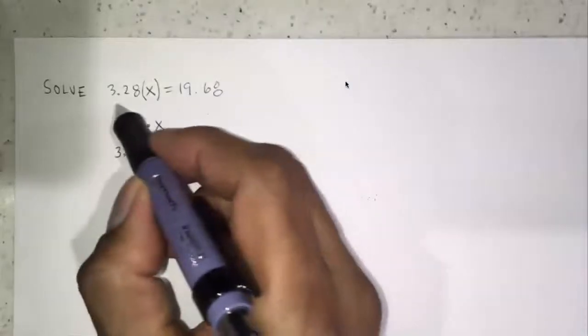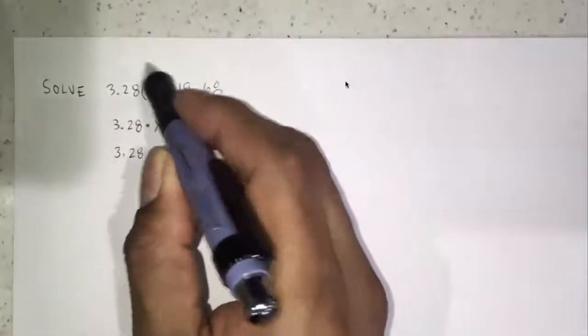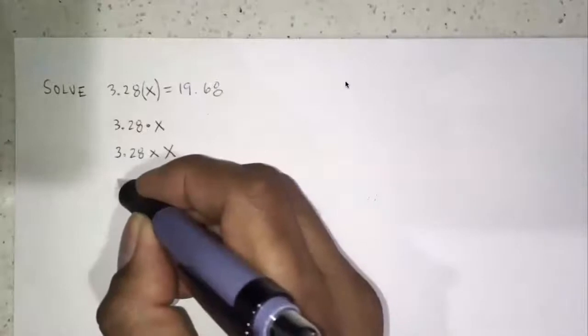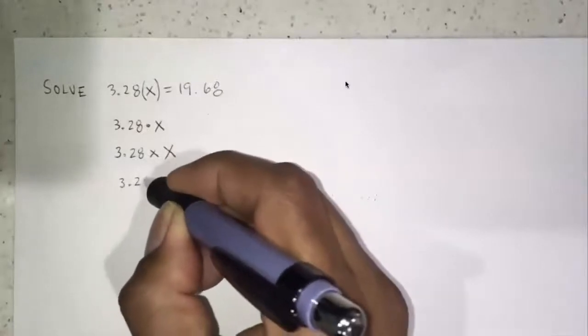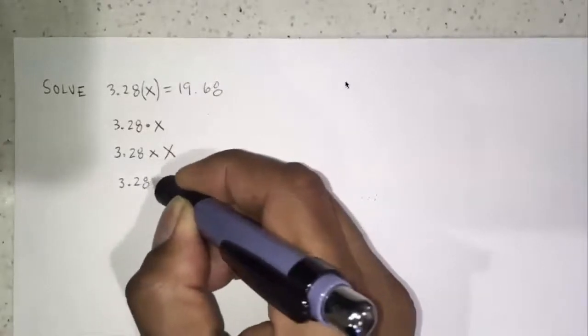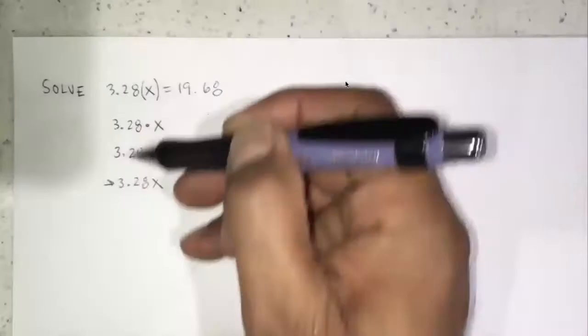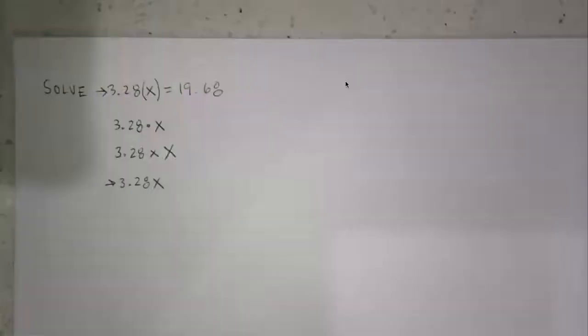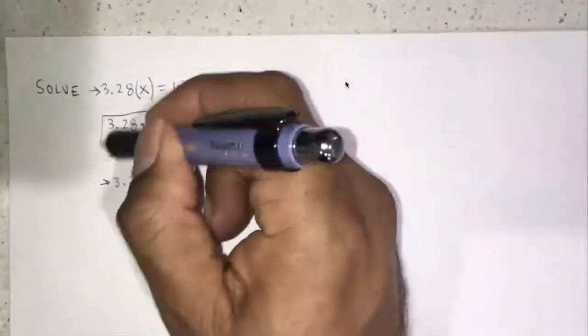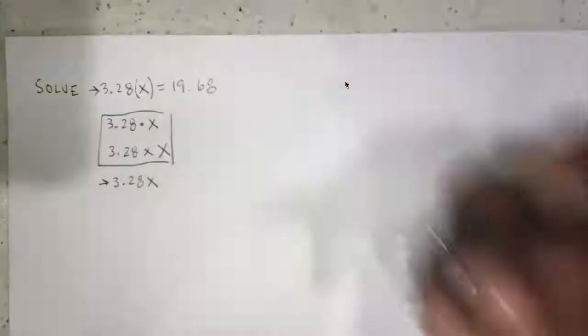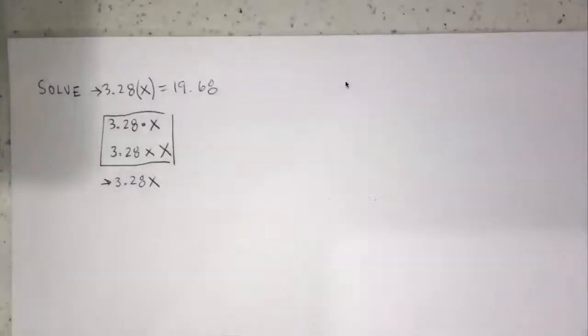So you're going to see it without the parentheses, as 3.28x. Either way, this is multiplication, and it's very rare that you're going to see the other forms. So what do we do next?